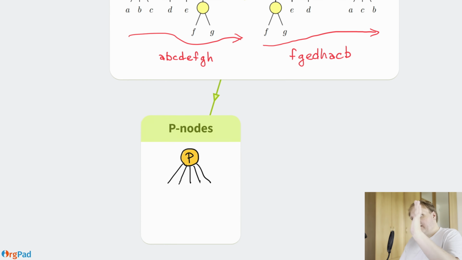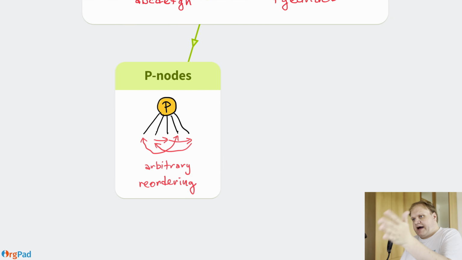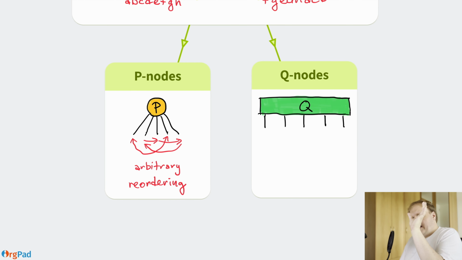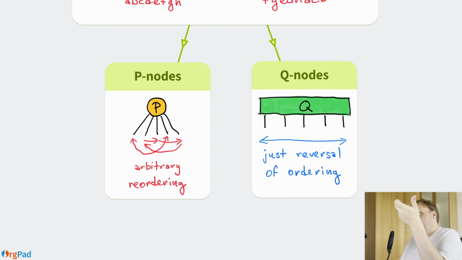And the reorderings are for P nodes. We can arbitrarily reorder their children. So there are k factorial different orderings. But Q nodes are much more restrictive, and we can either keep the ordering or flip them, so do the complete reversal of the ordering.